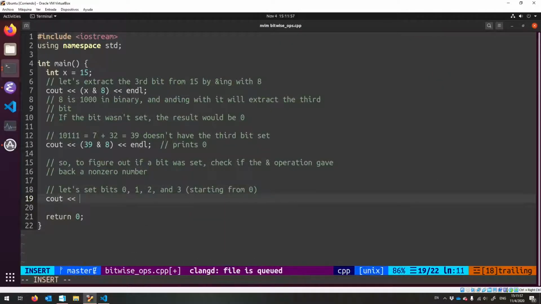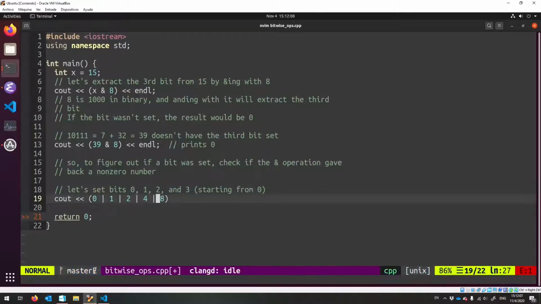So start with 0, or with 1, or with 2, or with 4, or with 8. You see that? That's the idea. So do this one first. Let me put them in extra parentheses. Do that one first, then this one over here, then do the 4 as well, and then do the 8. Okay, so that's the order of the ORs.